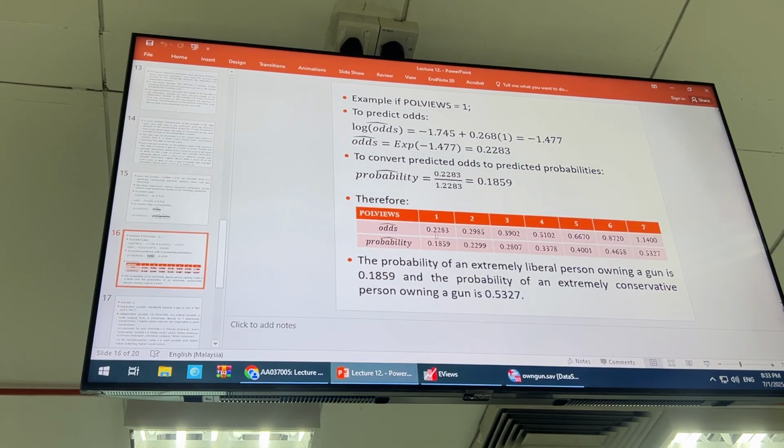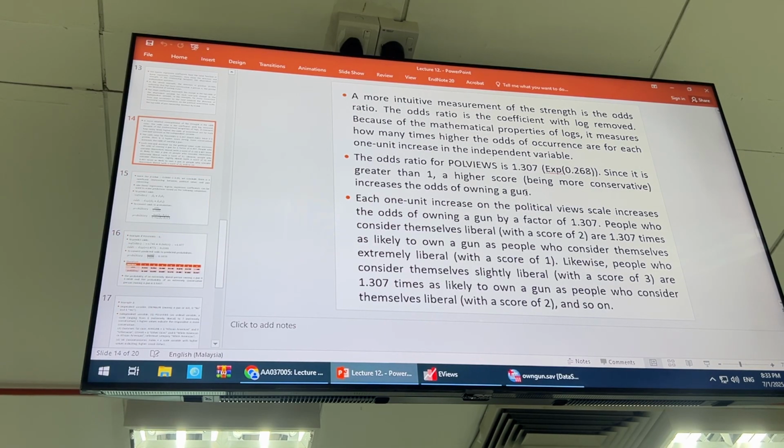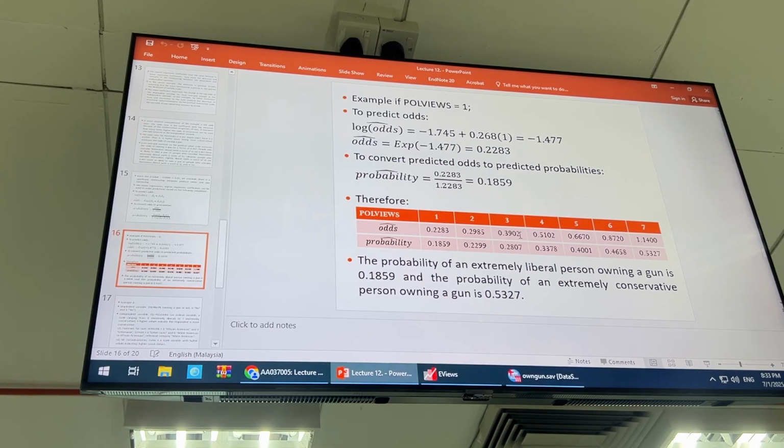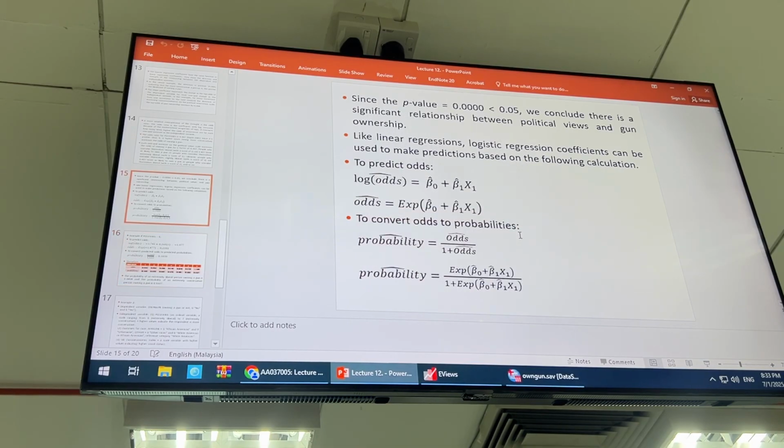For example, for the case of political view equal to 1, you get this odds ratio, but you multiply by 1.307, you get this, and so on. Each level multiplied by 1.307 produces the odds ratio for the next level. Since the p-value is 0, that is less than 5%, 0.05, we conclude that there is a significant relationship between political views and gun ownership.